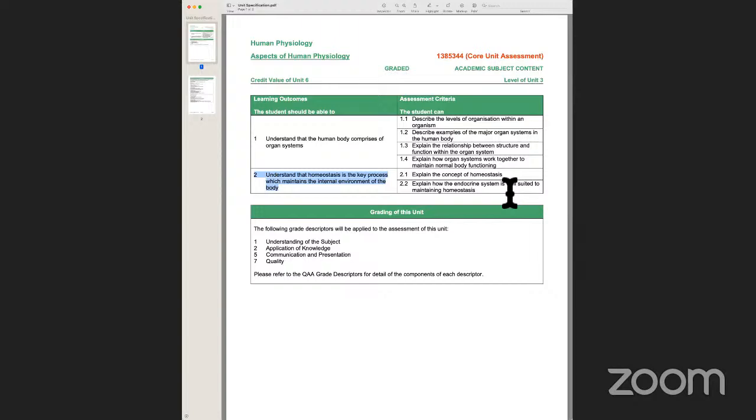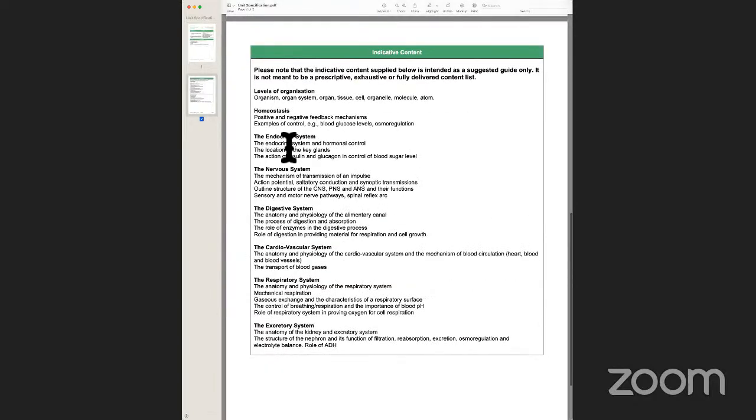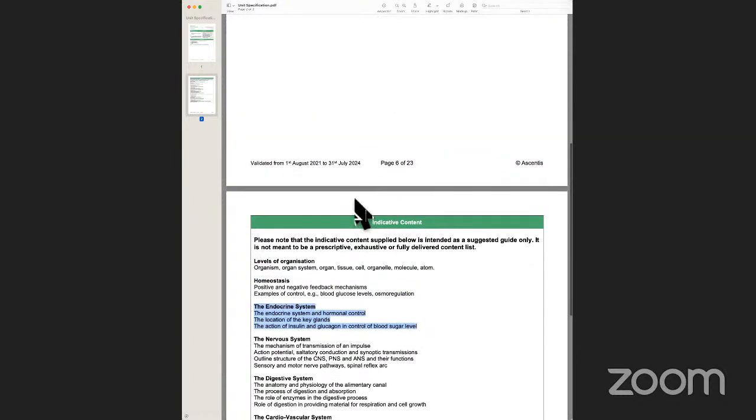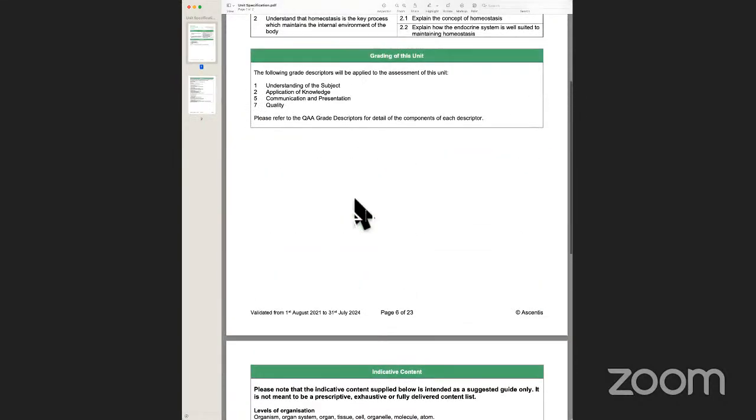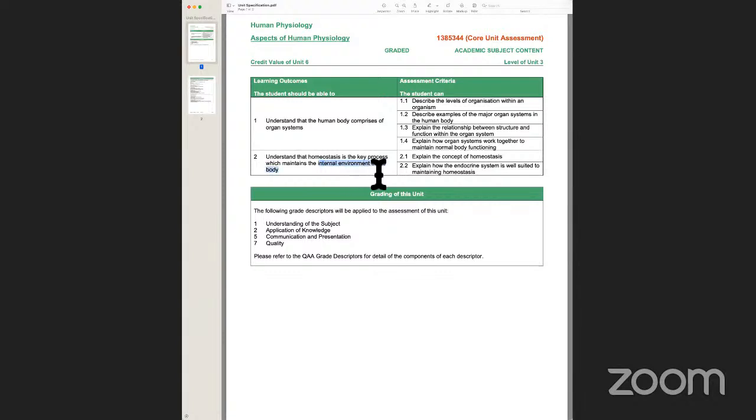Out of all the different organ systems, like the nervous system, digestive system, cardiovascular system, respiratory system, and excretory system, why is the endocrine system the most important system, helping in maintaining what is called the internal environment of the body?